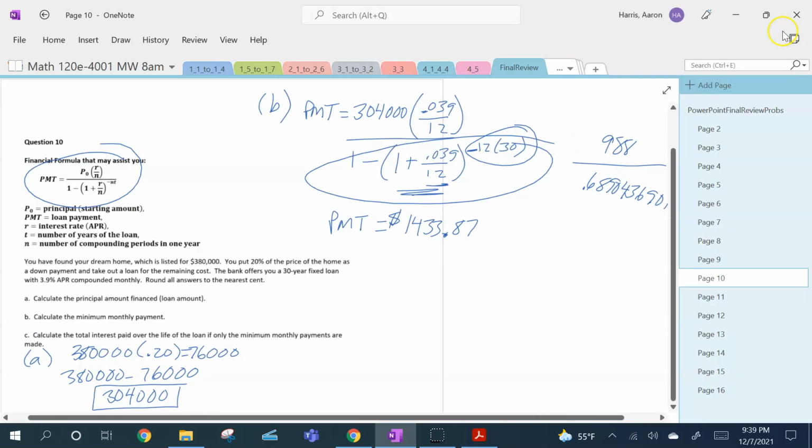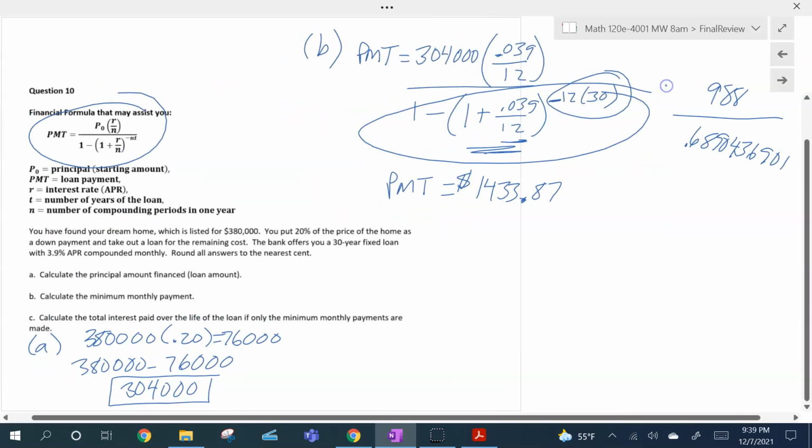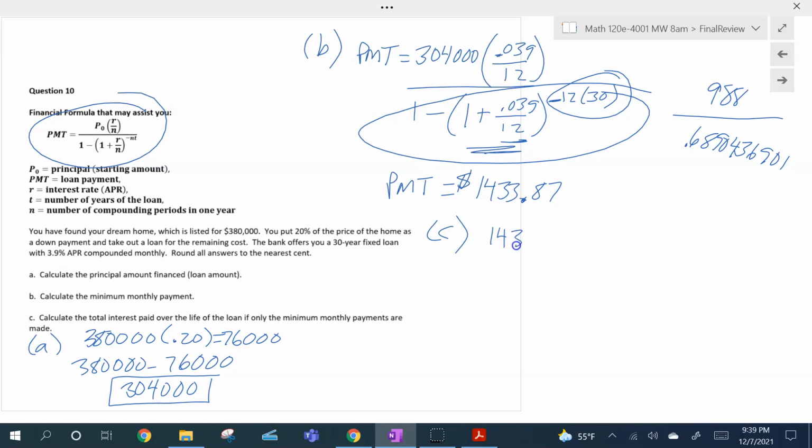So let's do this part. Let me get my pen again. That's part B. Part C says, what's the total interest you paid? Well, you paid $1433.87 per month, but you made that payment 30 years, 12 times a year. We made 360 payments. That's the total that we paid, but we got the house. In other words, we paid off this loan.